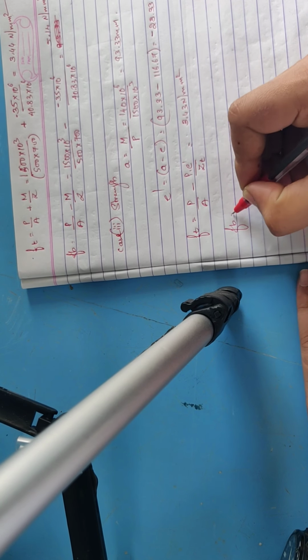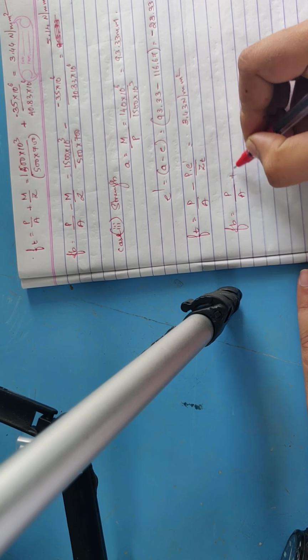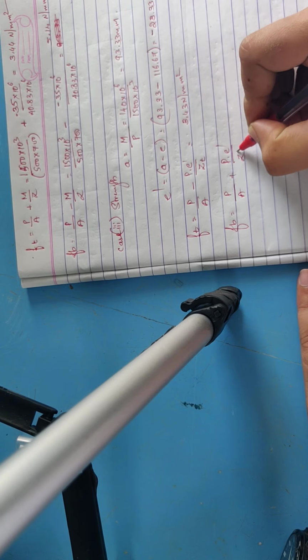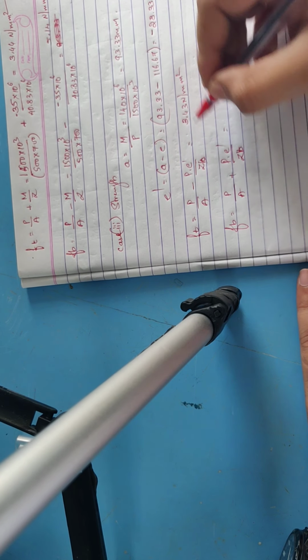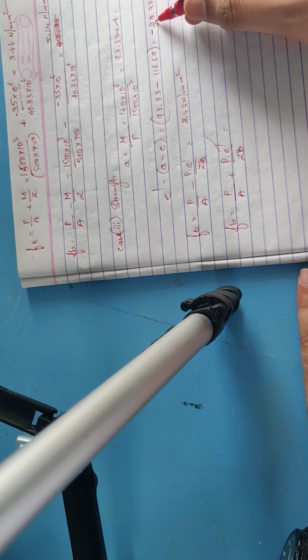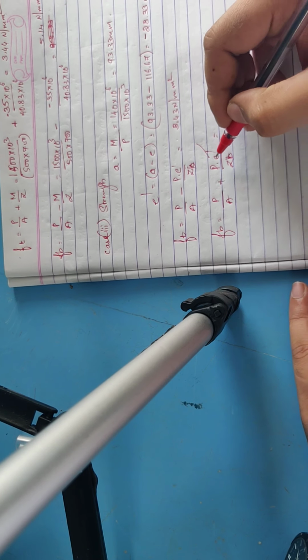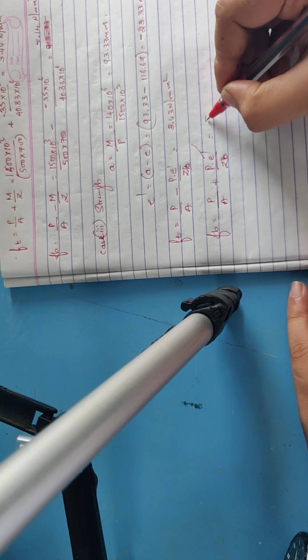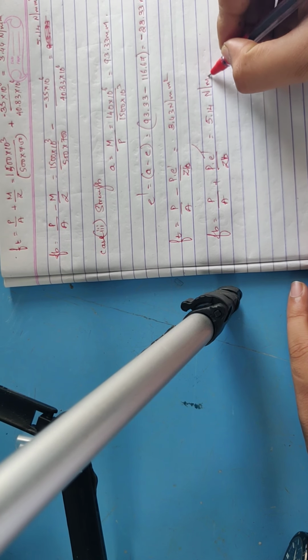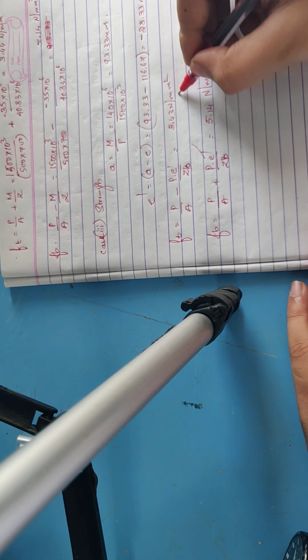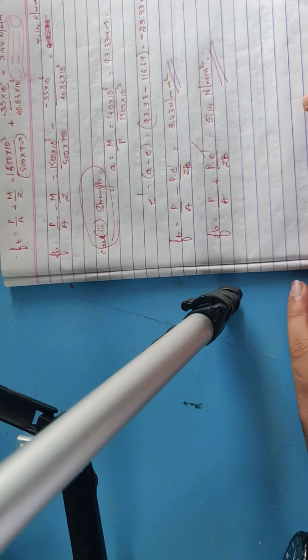Fb is P upon A plus P into e dash upon Zb. Substitute the value of e: if it is plus substitute plus, if it is minus substitute minus. You will get the value of 5.14 Newton per mm square. This is how we will solve by all three methods in one problem.